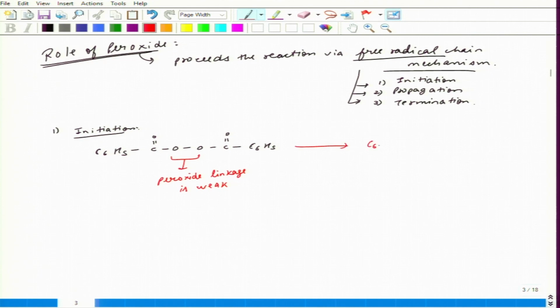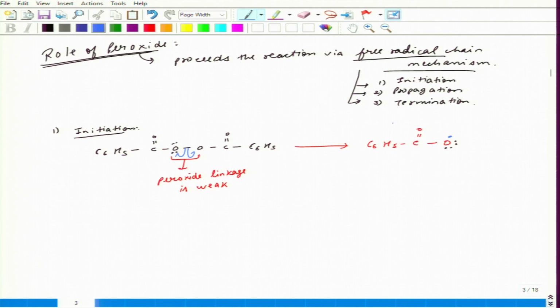So, this bond cleaves, and after the cleavage, what does it give? Oxygen radical. Okay, we all know that oxygen already contains 2 lone pairs of electrons, and 1 extra electron is added, so 1 radical is formed, represented by the half arrows.